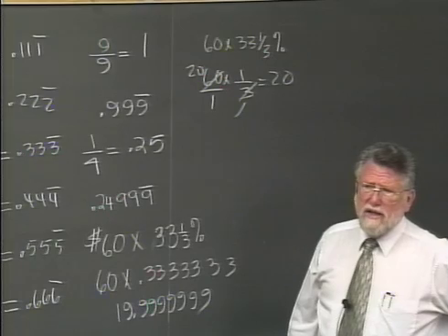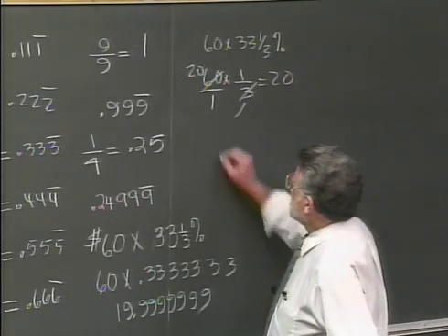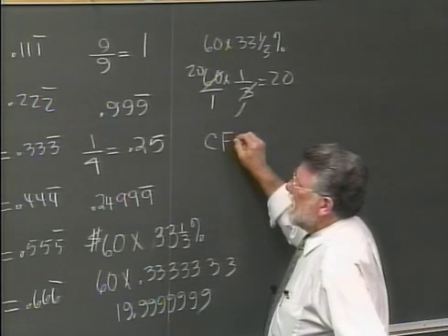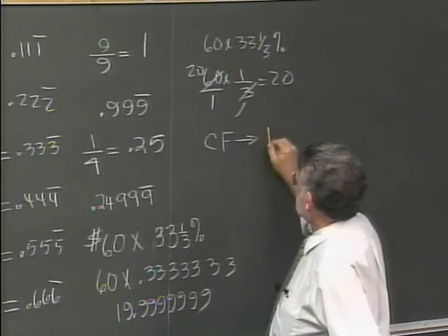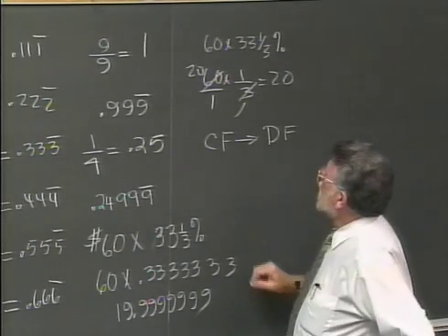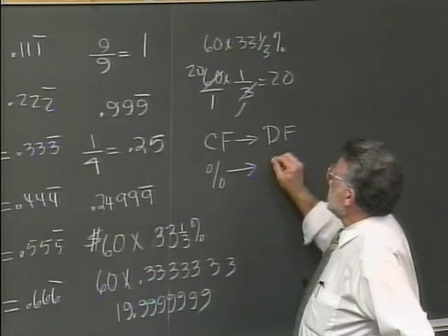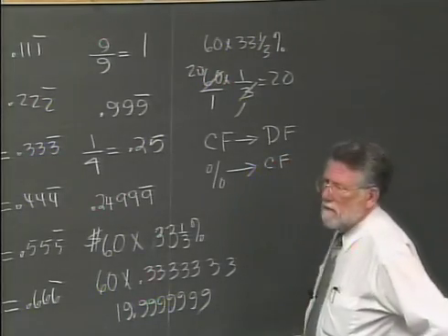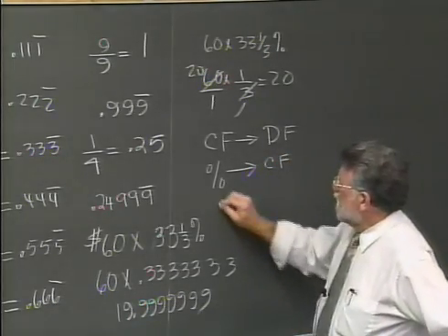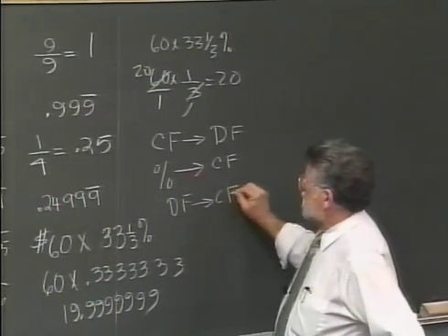So that brings us then to a different category. Remember the last category was I took a common fraction and I went to a decimal fraction. But there are times that I start with a percent and want to go to what? A common fraction. Or I start with a decimal fraction and I want to go to a common fraction.